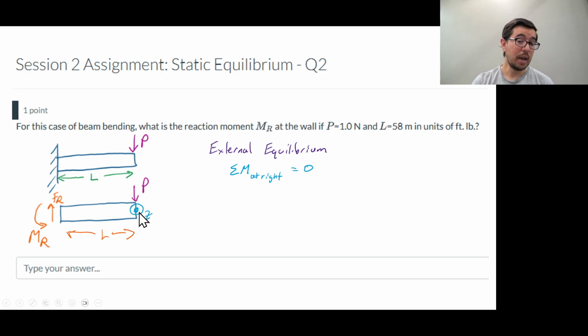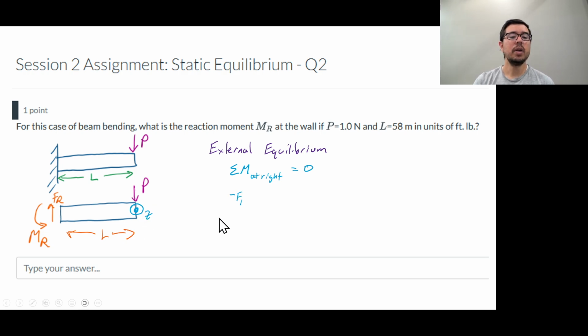And I've selected the right side. You could have selected the left side. That's fine. When we select this location, we should also designate which direction is going to be a positive torque or positive moment. And by putting a dot and not an X here, we are saying that positive is coming out of the board, so in the positive Z direction.